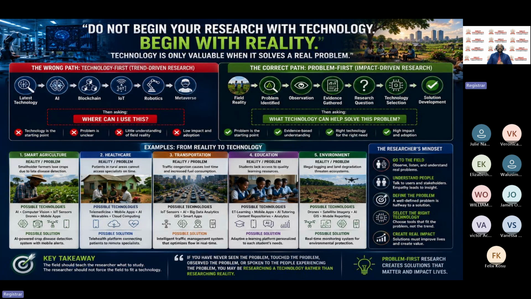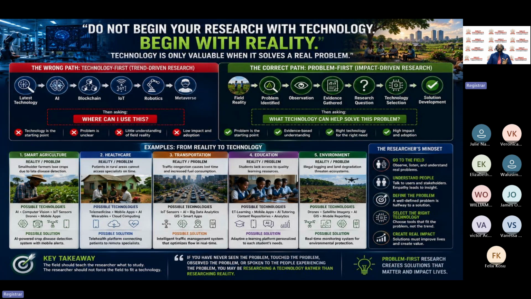Where your problem is unclear, you have little understanding of the reality, and you cannot adopt what you are doing. So my scholars, for any research you are doing, the correct path is problem first. And you have to make sure it is impact-driven research.